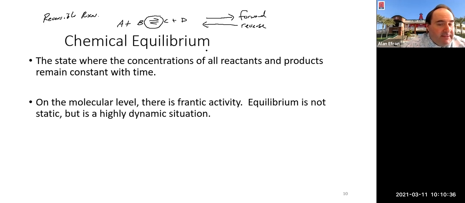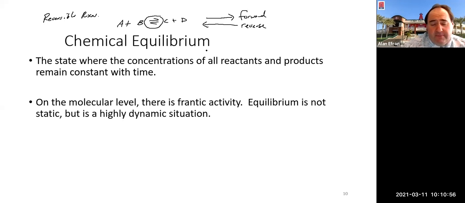It doesn't necessarily mean that you have the same amount of reactants and products, as if it must be equal on both sides. That's not really what chemical equilibrium means.